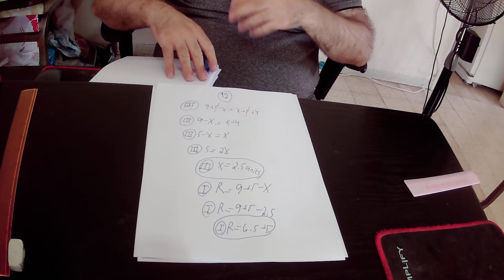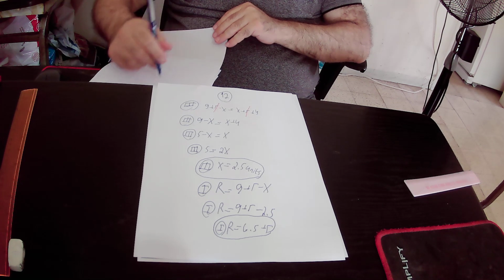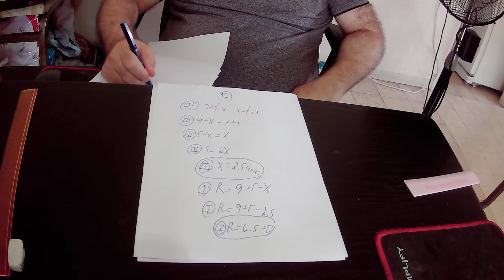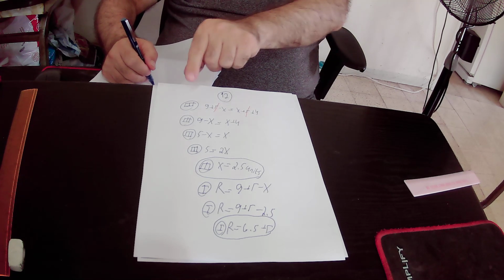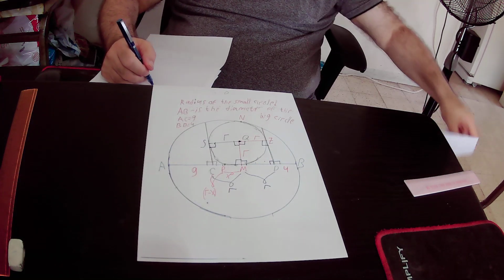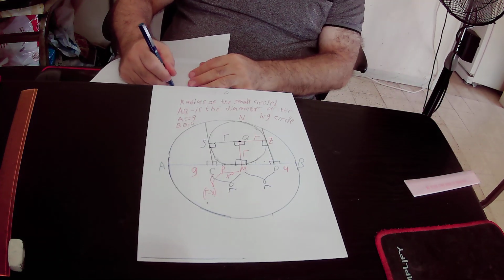So in the next step I will present you a new rule, rule number 5, and we will implement rule number 5 in our two circles. Okay.